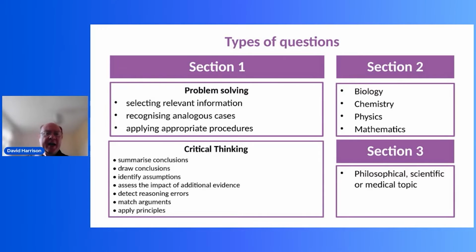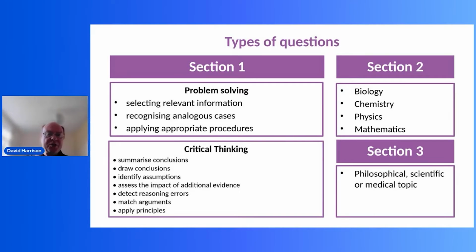Critical thinking is very much around arguments and summarizing the conclusions of arguments, identifying any assumptions that may be made, or how introducing some additional evidence or data might change the argument, detecting flaws or errors in the reasoning that's being made, or matching arguments that have very similar structures, or how to go about applying general principles to specific cases.